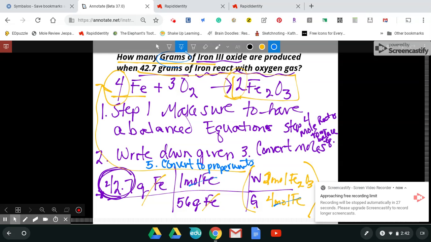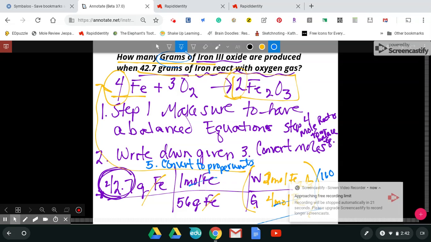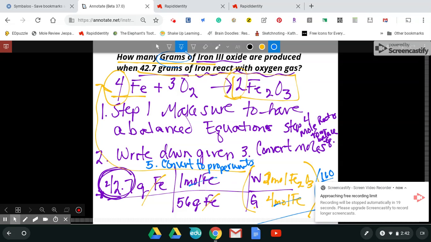So calculate the mass, which is 160, divided by 1. When you put all that in the calculator, my timer's about to go out. So you're going to do control divide, 42.7 times 2 times 160, arrow down to do control.